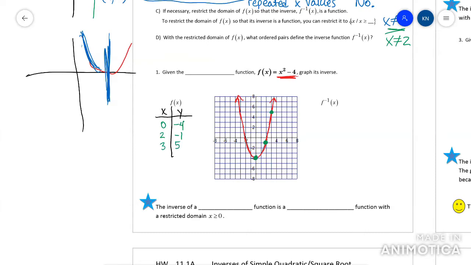Cool. You just choose coordinates, right? And so basically to do the inverse, you just switch those XY coordinates just like you did before. So it'd be -4, comma 0; -1, comma 2; 5, comma 3. So it would look like this.